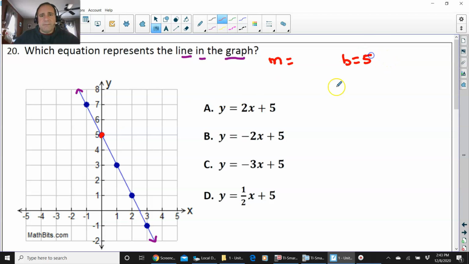That's not going to help me much because every single one of these equations has a y-intercept of 5. Okay, well, let's go for the slope next. This line from left to right goes down. And you know down represents a negative slope.